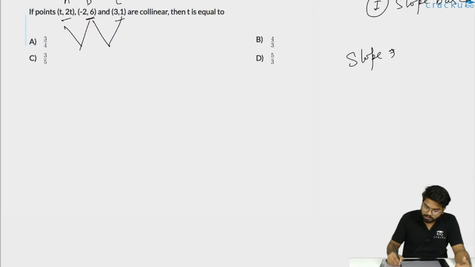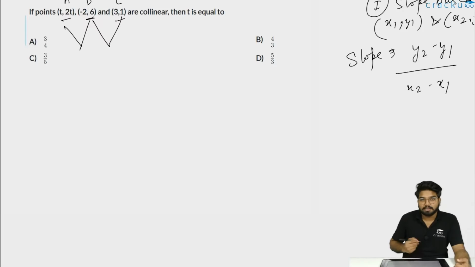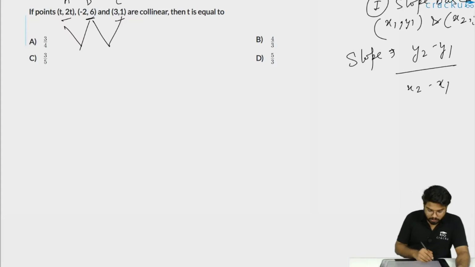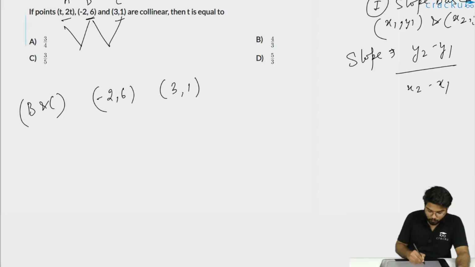Slope can be found, if you are given 2 points, let's say x1, y1 and x2, y2, as y2 minus y1 divided by x2 minus x1. Now let's find the slope using points B and C, because we are directly given their complete coordinates, that is minus 2 and 6 and 3 and 1.